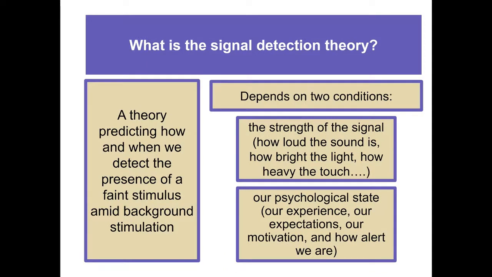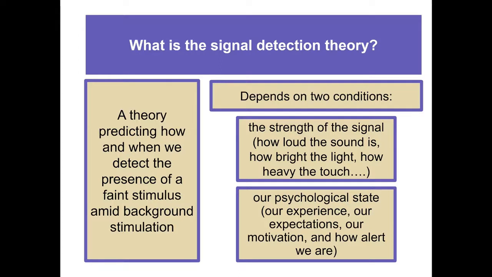So signal detection, again, is the idea that your sensory receptors are capable of detecting data, or let's call it stimuli. So how and when we can detect the presence of a stimulus, and the strength of the signal, right? Again, does it actually stimulate our minimum threshold for sound or for sight or taste, or is it below that or above that?